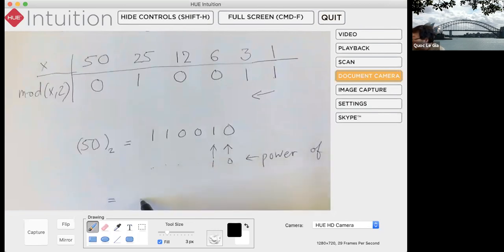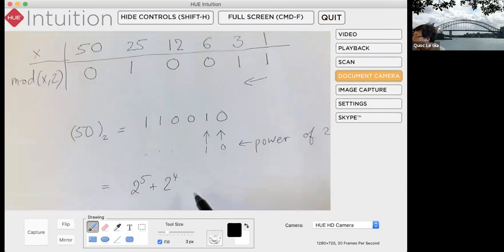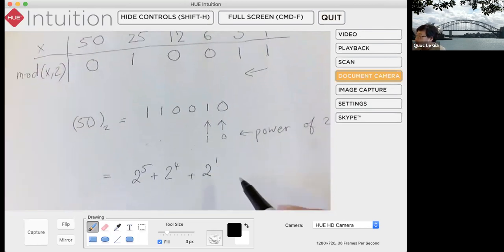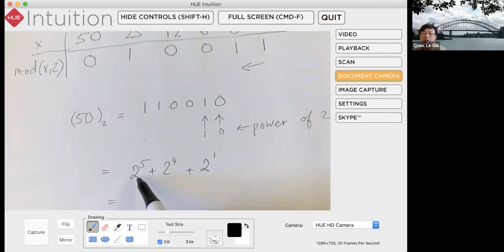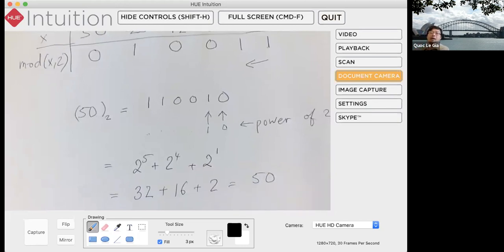So just 2 to the 5 plus 2 to the 4, plus 0, 0, plus 2 to the 1, and plus 0 times 2 to the 0, so there's nothing there. 2 to the 5 is 32, and this one is 16, plus 2, so it will be 50. That is how you check the representation of 50.